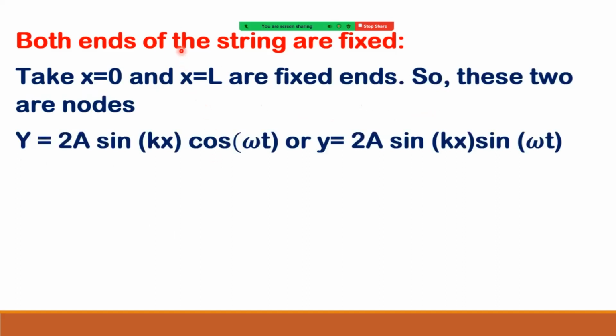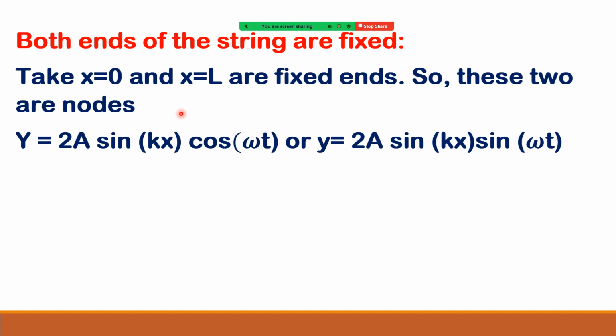Let us take one special case where both ends of the string are fixed. Let us take the string length as L. One end is x equal to 0 and the other end is x equal to L, and both are fixed.